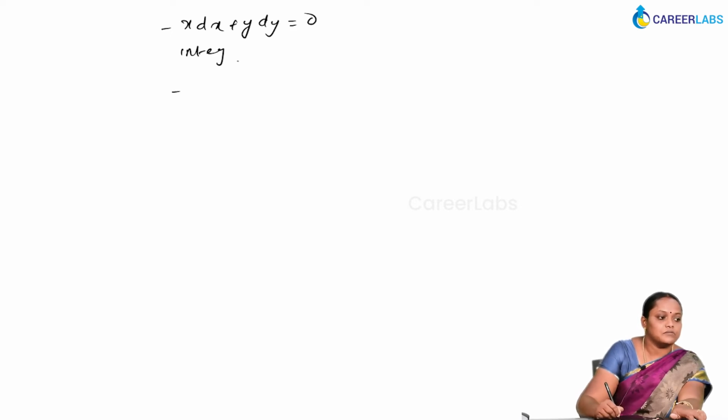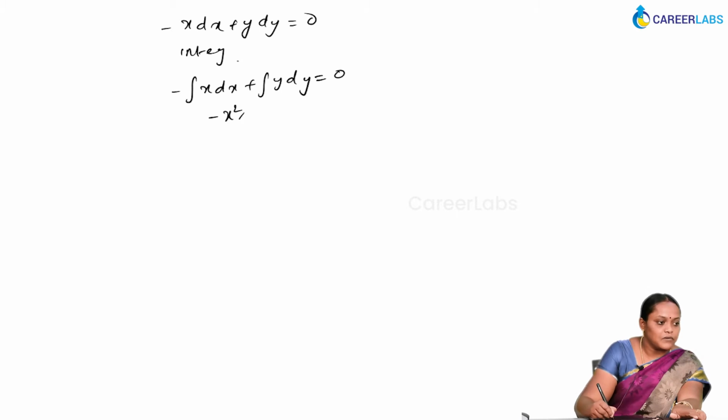This will be minus integral x dx plus integral y dy equal to a constant c. So this gives minus x square by 2 plus y square by 2 equal to c. Let me multiply this by a negative sign. So this will be x square by 2 minus y square by 2 equal to some c1.